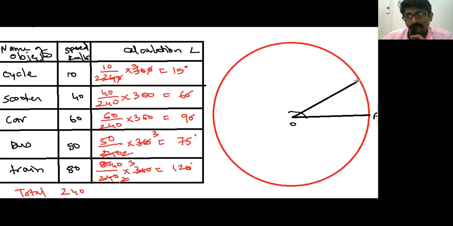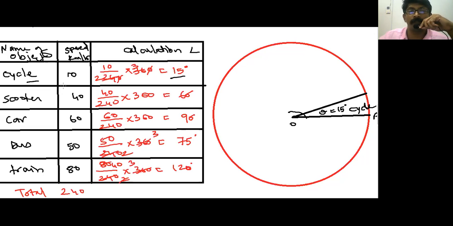And if we draw a 15-degree angle, just see if you've got exactly 15 degrees or not by using the protractor. I guess 15 would be something this much only. Okay, so once you get that 15 degrees, you're going to get that cycle portion, or else you can write it down over here, theta as 15 degrees, and you can write it down over here, cycle. I hope you understood this. 15 and cycle you finished.